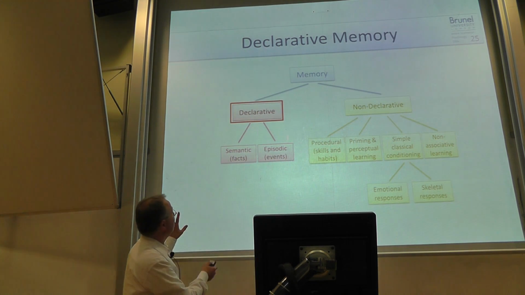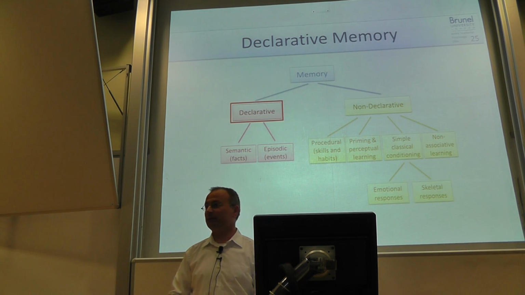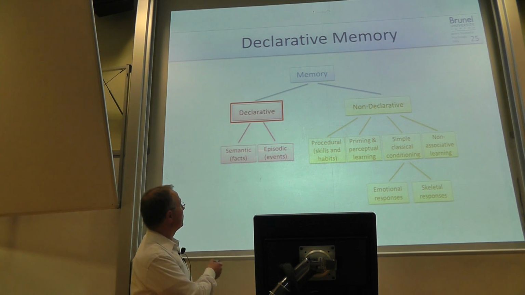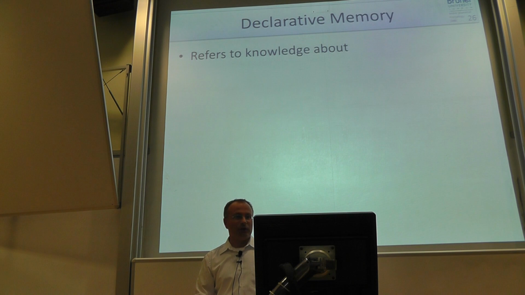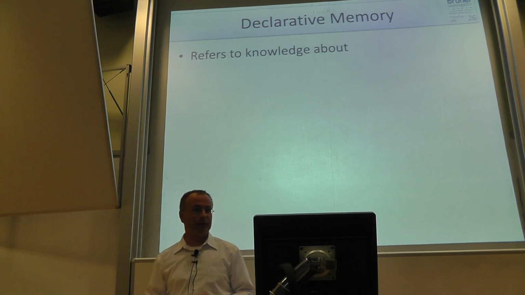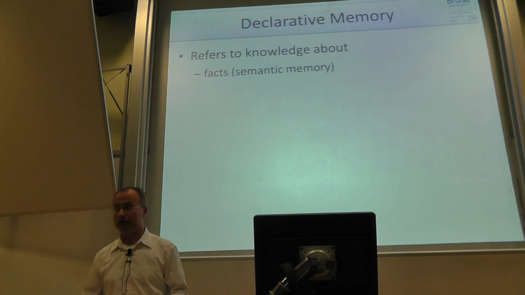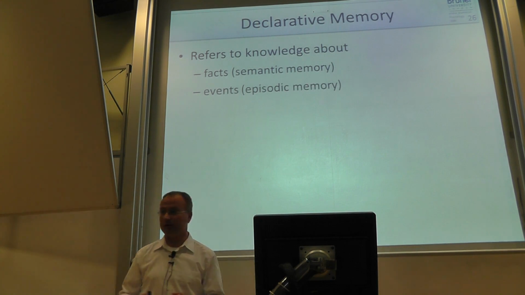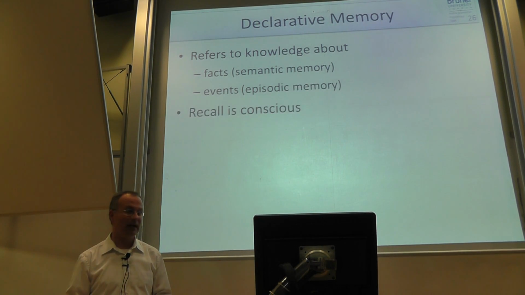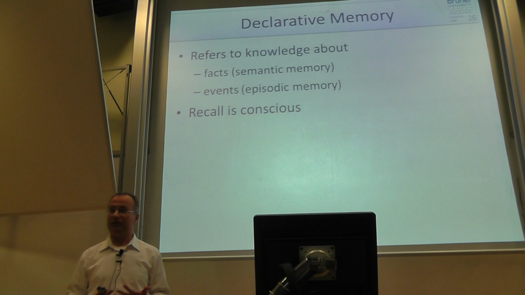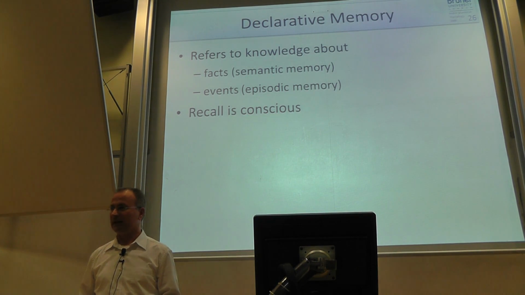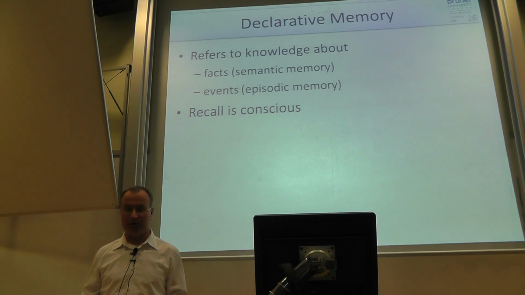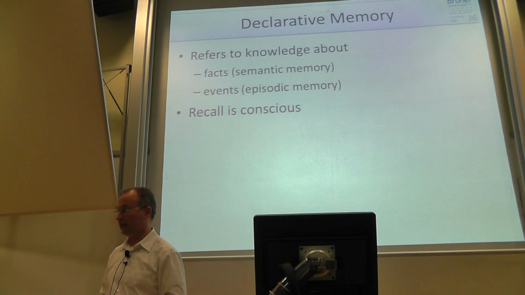So let's start with a very brief overview of the category of declarative memory before we then go into the two subcategories. Declarative memory refers to knowledge about facts. It's called semantic memory, episodic memory. One feature of that memory is that our recall is conscious. If we try to recall a name of somebody, we are consciously aware of it.